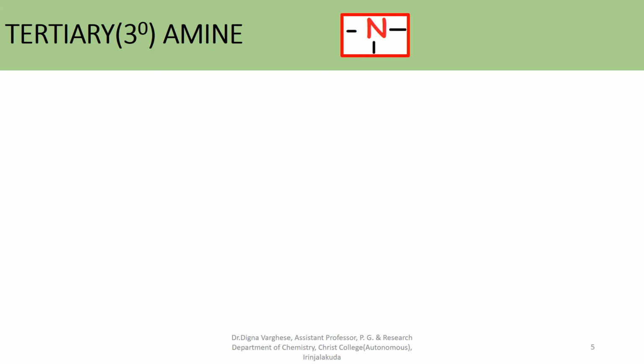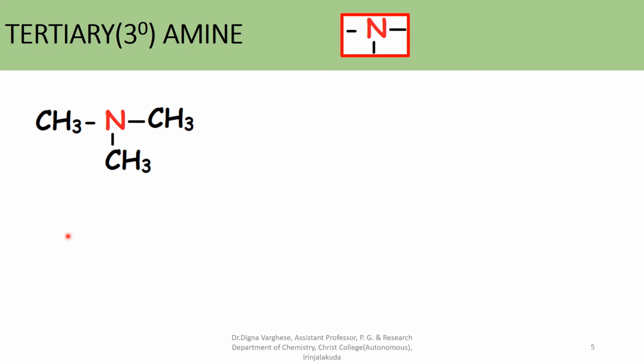Some examples of tertiary amines are given here. The functional group of a tertiary amine is trivalent N. Here you can see the trivalent N attached to three methyl groups. So it is known as trimethylamine. Its common name is trimethylamine, but its IUPAC name is N,N-dimethylmethanamine.